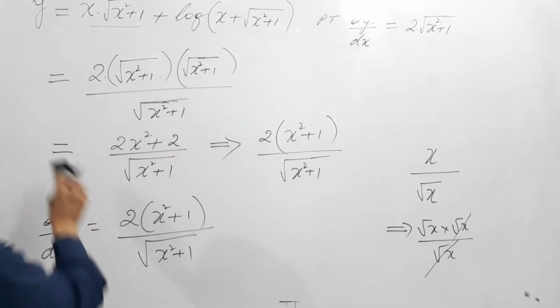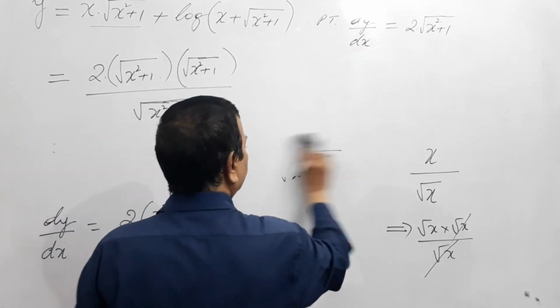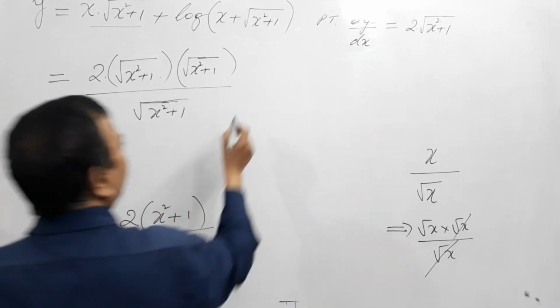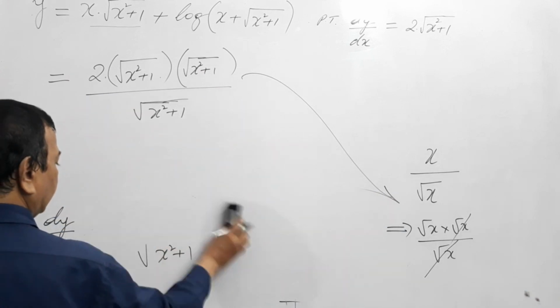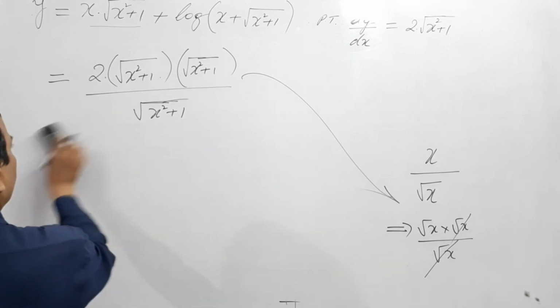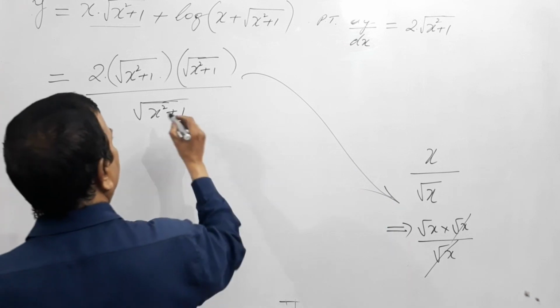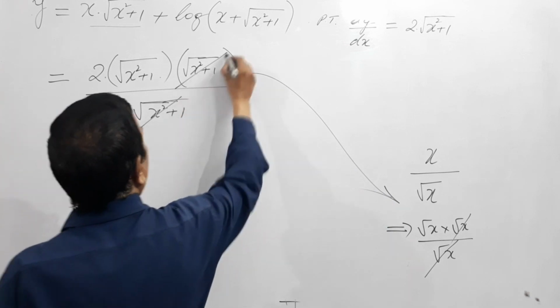Can I write like this? Because of this logic. So what happens here? I'll cancel 1, I cancel 1.